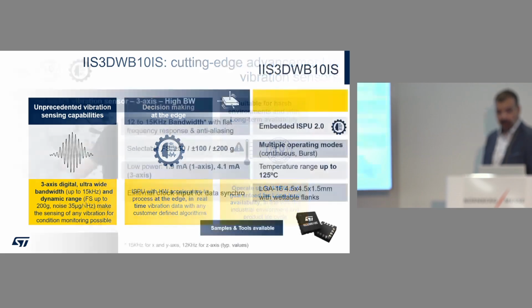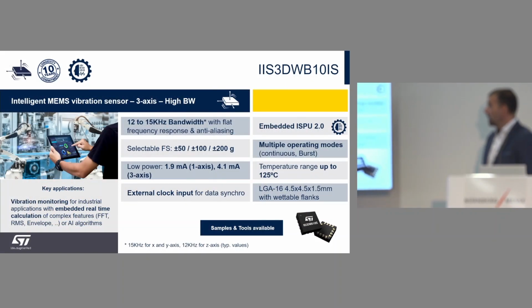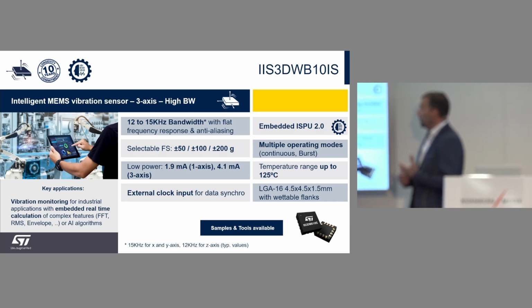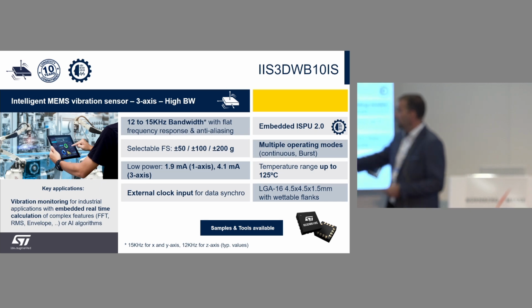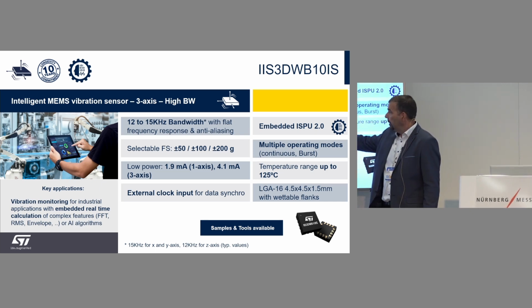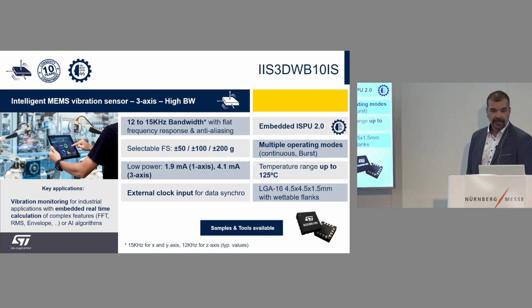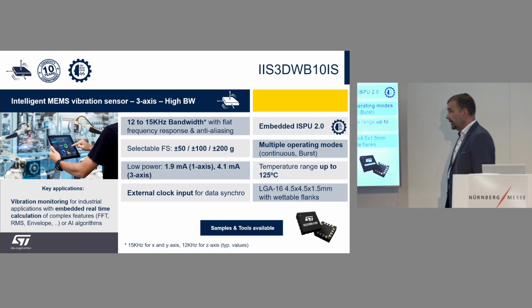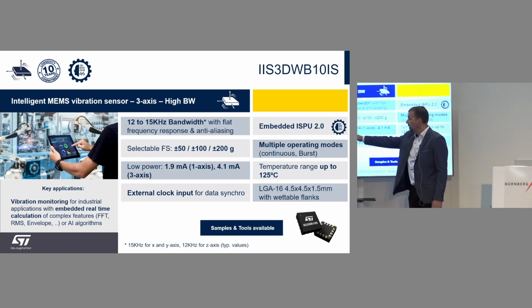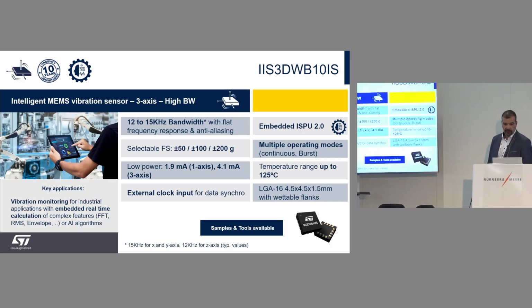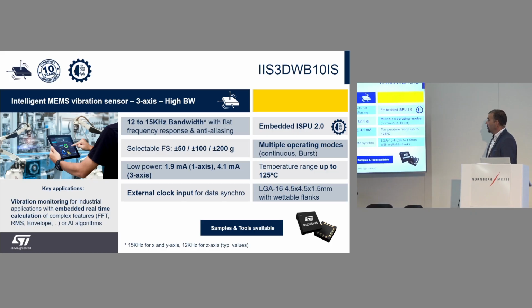A little bit more about the sensor. I will not mention what I was already describing, but what I also want to highlight is the power consumption. The typical power consumption depends on the setup of the sensor. It has 3 orthogonal sensing axes, which you can enable or disable based on what your application needs, and you can scale down the power consumption.